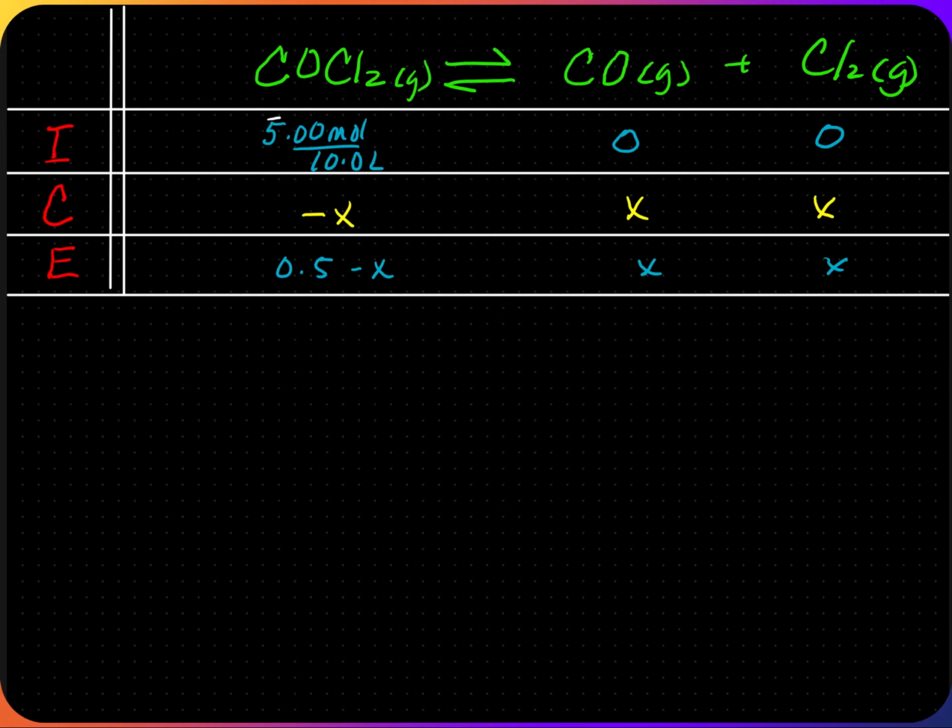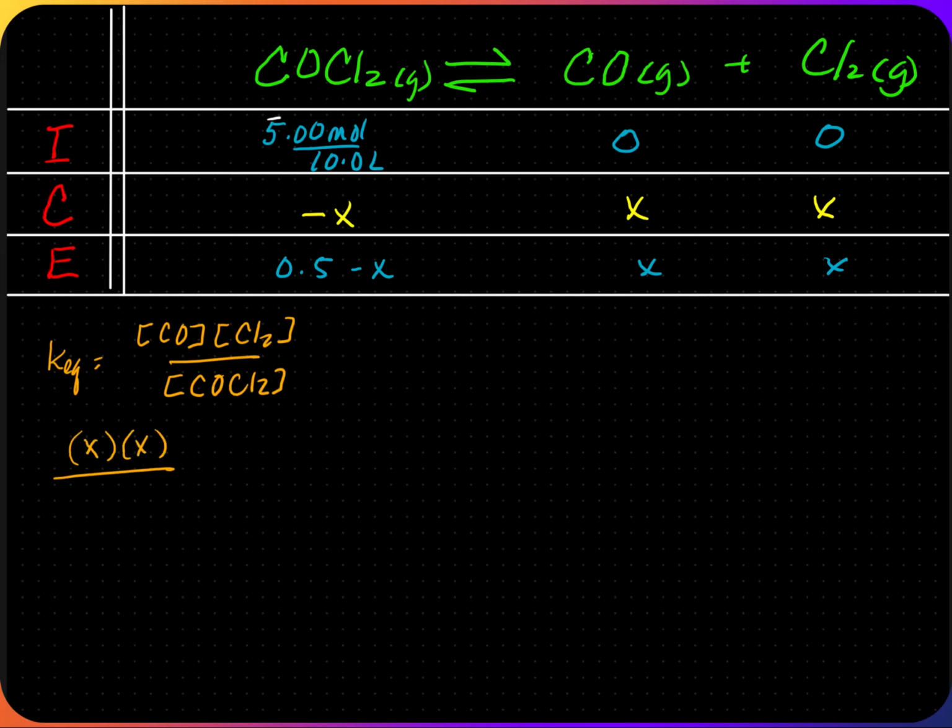And now we're going to write our Keq equation. So Keq is going to equal CO times Cl2 divided by COCl2. And now I'm going to plug in my equilibrium values, which is x times x over 0.5 minus x.